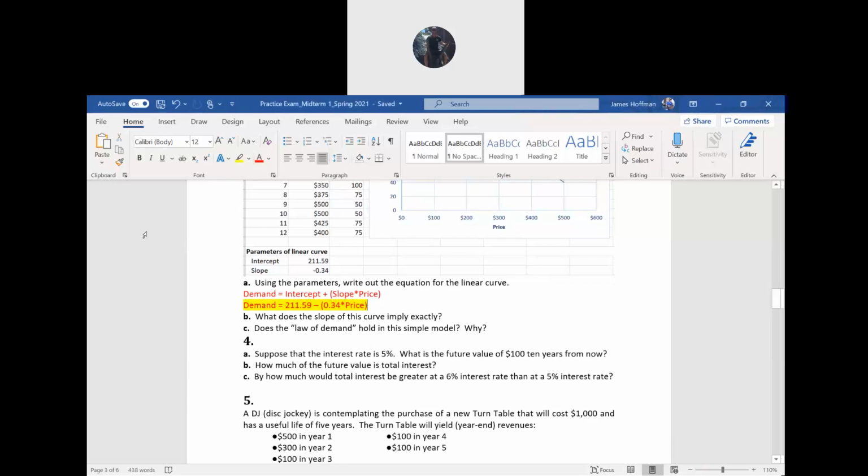Okay, so there's your equation. You're setting up the general equation, then plugging in the parameters. So demand equals 211.59 minus 0.34 times price. This is the linear trend line between price and demand.